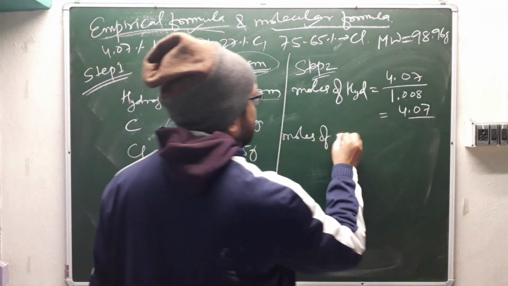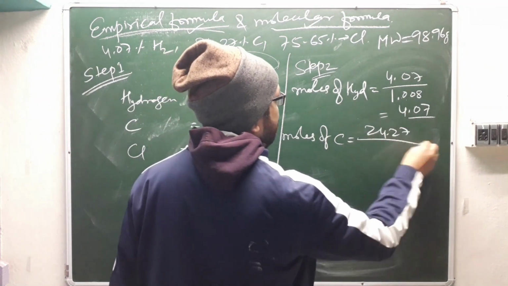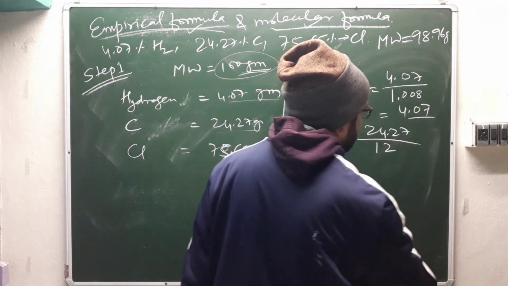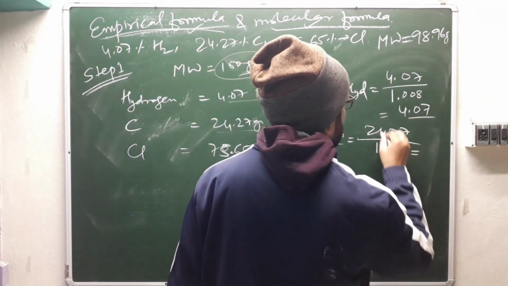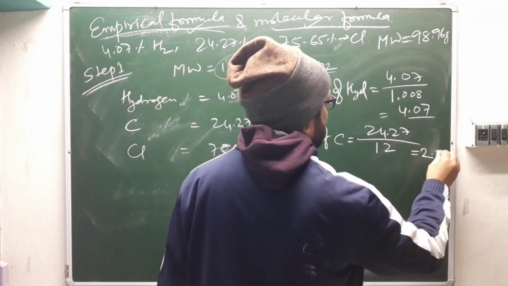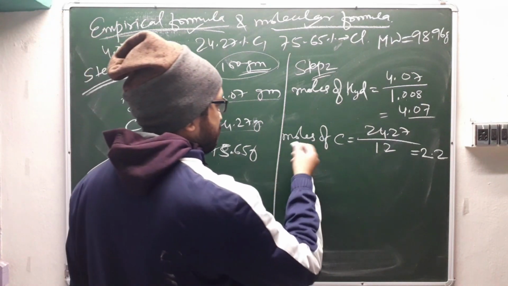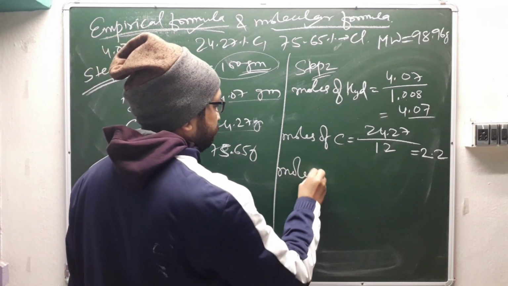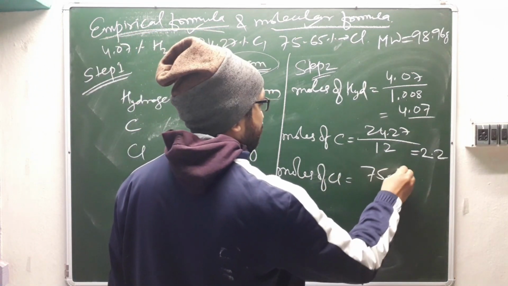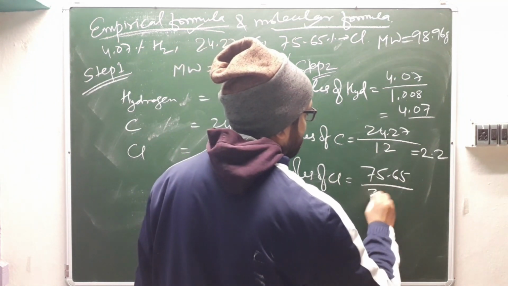Now moles of carbon. The given weight is 24.27 divided by its molecular weight. Carbon's molecular weight is 12 point something; we'll consider it 12 itself. So 24.27 divided by 12 is approximately 2.2. Then coming to the moles of chlorine: given weight is 75.65 gram divided by the molecular weight of chlorine, which is 35.5.